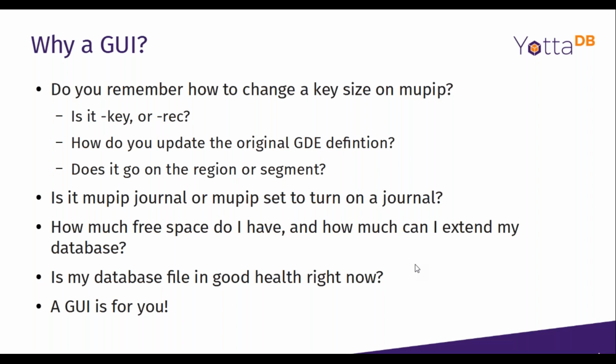We also have a legacy thing in GDE where various settings are scattered across two different sections. One could be the region section, another could be the segment section. So this is all really confusing, and it usually means you have to open up the manual and keep looking for the thing that you want to change. And this applies to a lot of stuff.